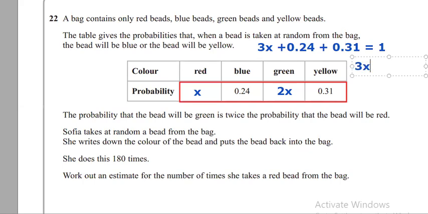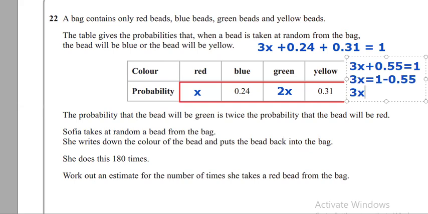So 3x plus 0.55 equals 1, like this. Okay. Now we take the 0.55 to the other side. So 3x equals 1 minus 0.55.